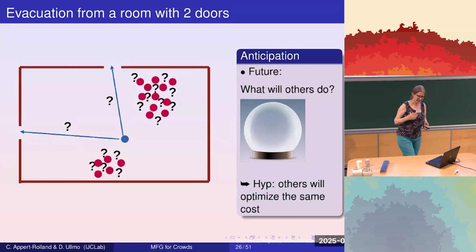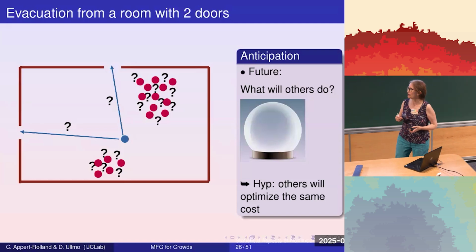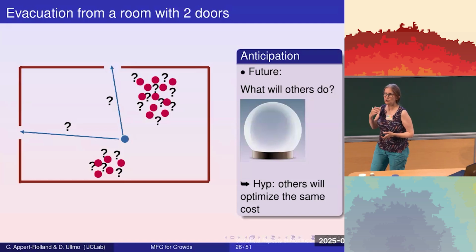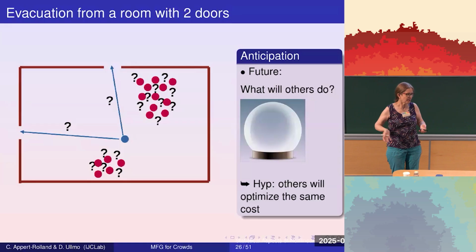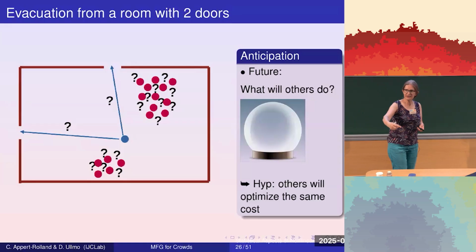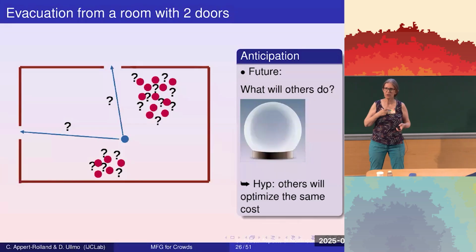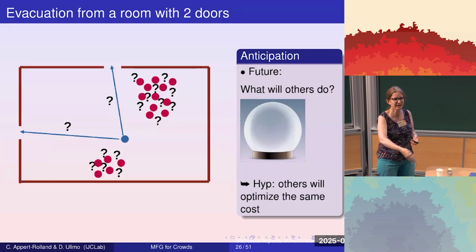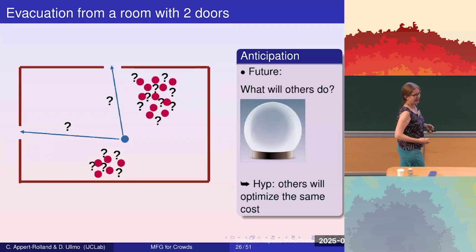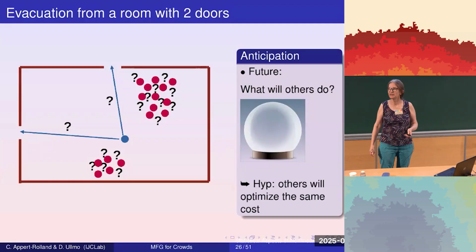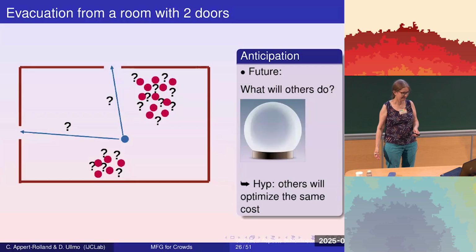So it seems very difficult, but what we usually assume to be able to do something is that the others will optimize the same cost. That is, if I was at their place, I would do what they will do. It's a hypothesis. But if you don't have this hypothesis, it's tough.